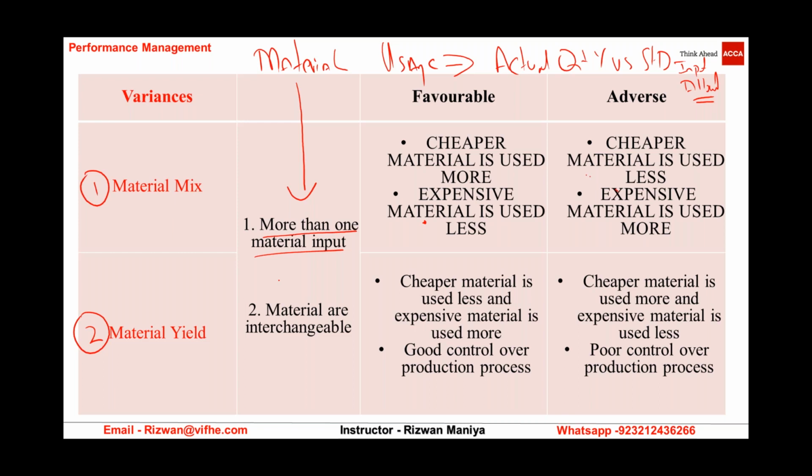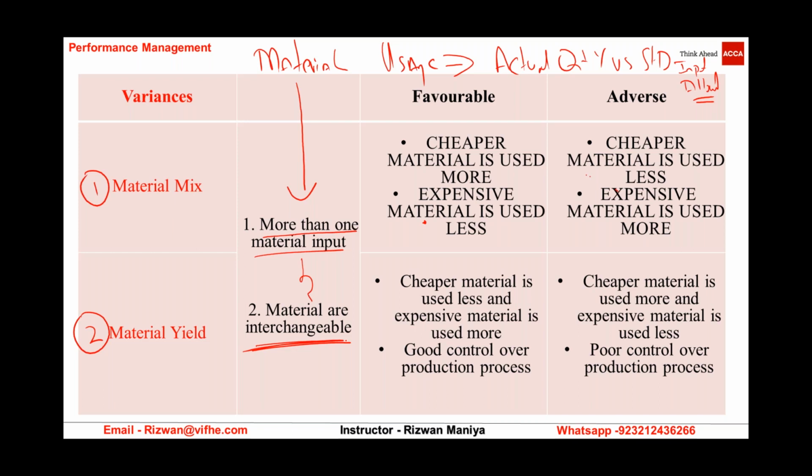So when more than one material input is used, but this is not the only condition that one needs to satisfy. Along with this, another condition is very important, which is that the materials should be interchangeable. It's not just that you use more than one material input, but it is also important that the materials are interchangeable.